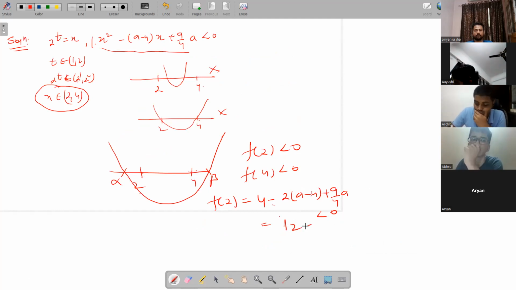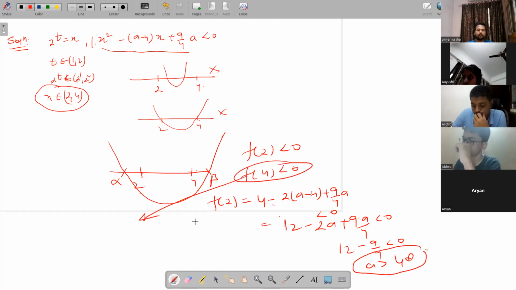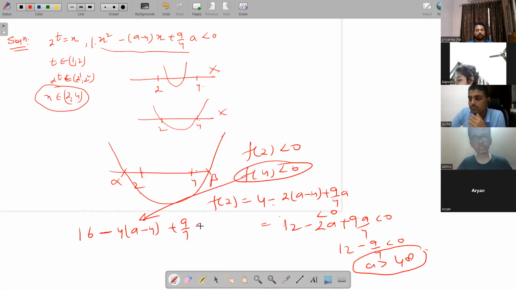4 plus 8, 12 minus 2a plus 9a by 4 less than 0. So this is minus a by 4. So 12 minus a by 4 is less than 0. So a will be more than 48. And if you apply this condition, F4 means 16 minus 4 into a minus 4 plus 9 by 4a, that is less than 0.